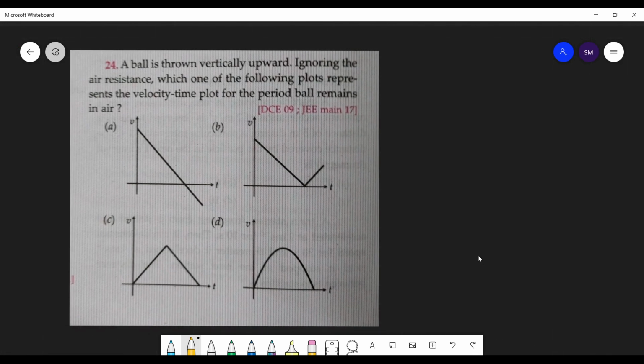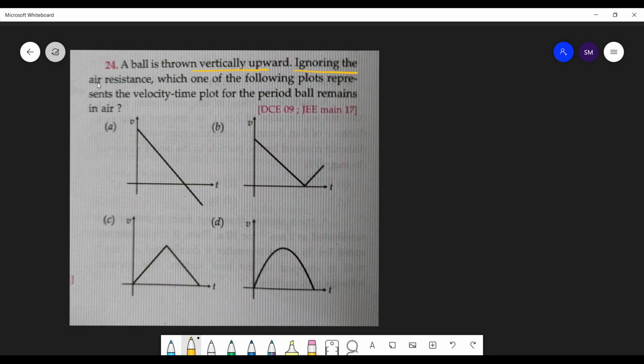Next question. Do this question. A ball is thrown vertically upward.